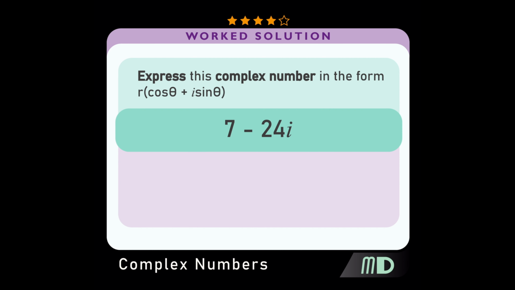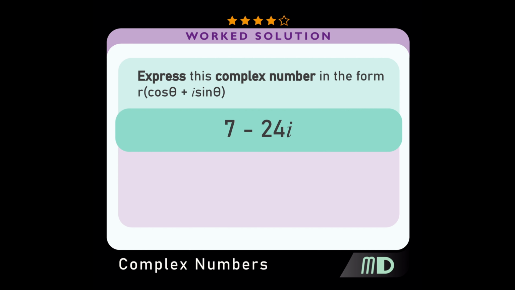A complex number can also be written in its polar form using its polar coordinates r, theta, where r is the modulus and theta is the argument. The polar form of a complex number is z equal to r multiplied by the cosine of theta plus i multiplied by the sine of theta.